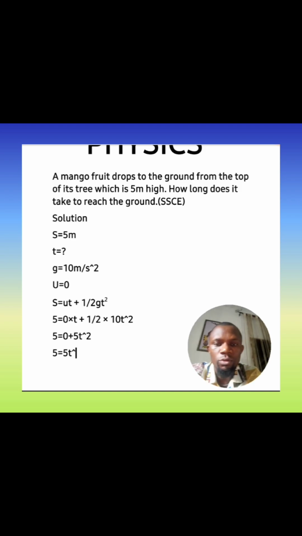I'll divide both sides by the coefficient of t square. What will I have?